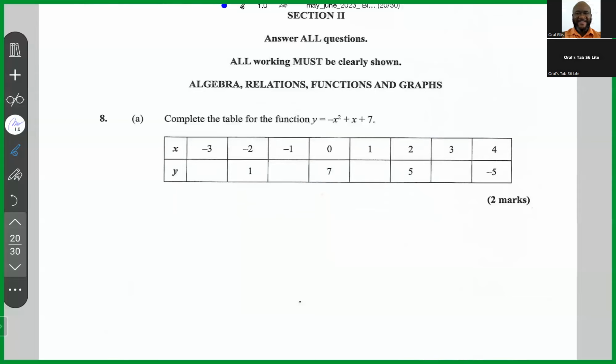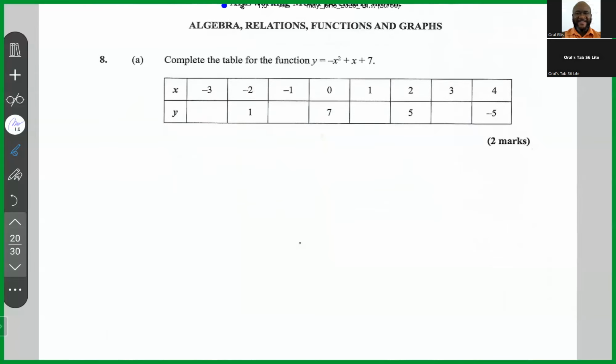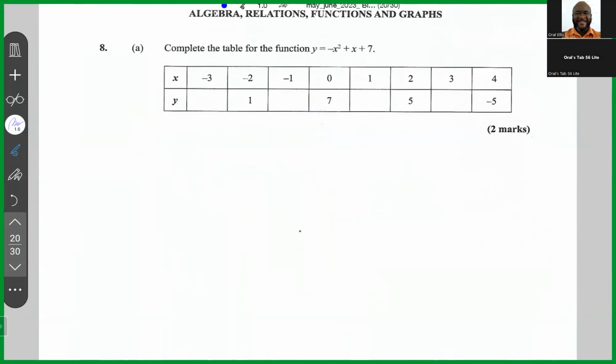All right, so we have a table of values and some of the y values are missing. To determine the y values, we're going to have to use the equation y is equal to minus x squared plus x plus 7.